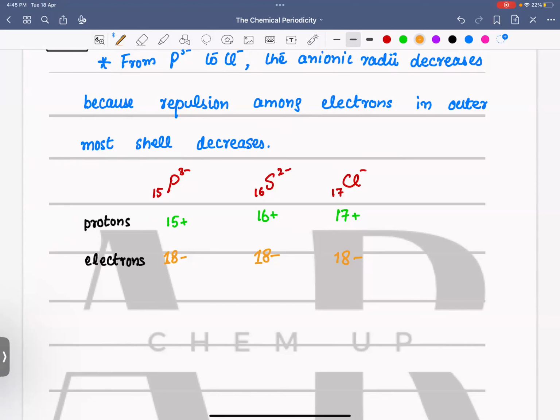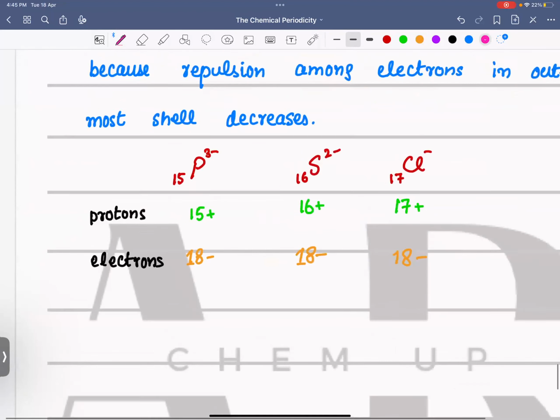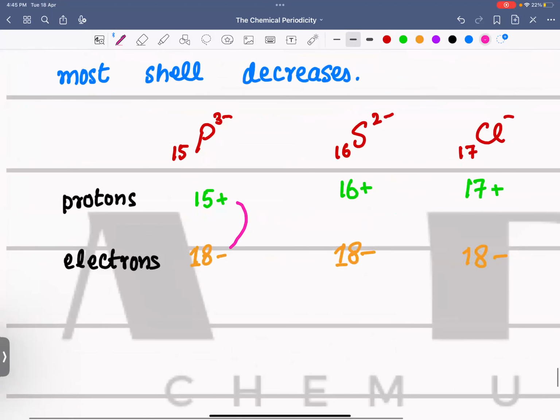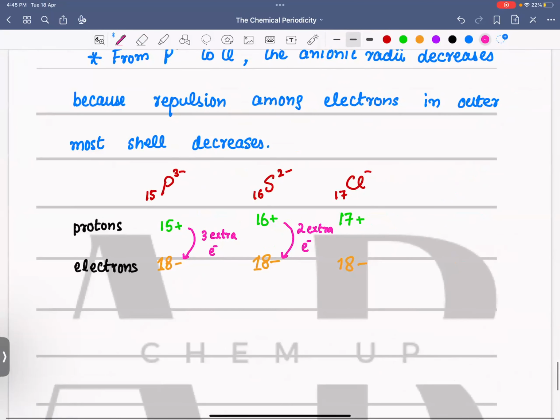Okay. So if you compare protons and electrons, you can say that this has 3 extra electrons. This one has 2 extra electrons, and this one has 1 extra electron, right?